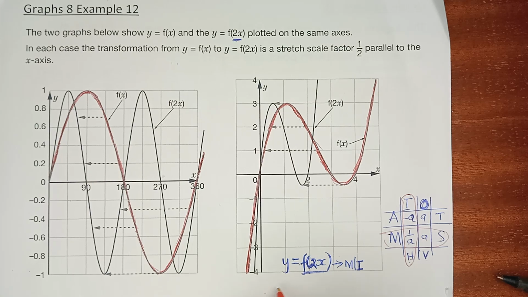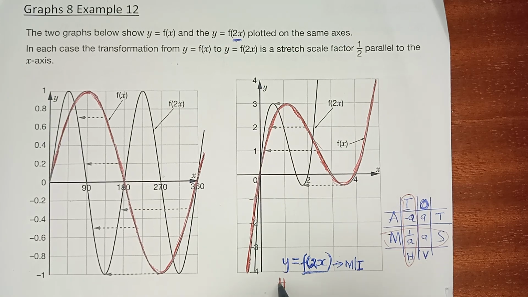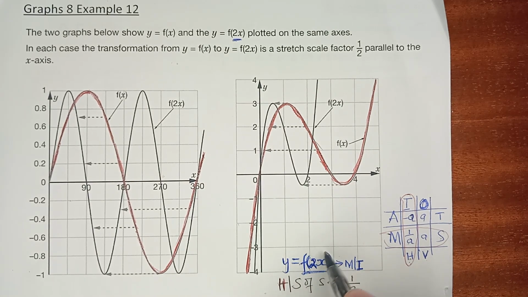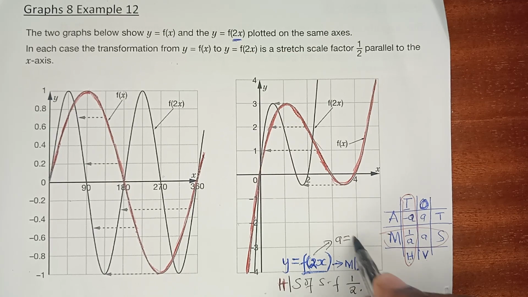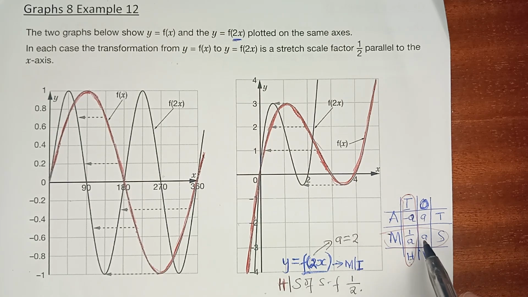As we have seen, this is a horizontal stretch of scale factor 1 over 2, simply because our a is 2. So 2 is the parameter of transformation here.